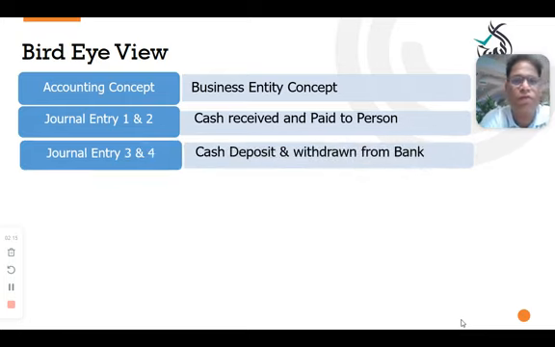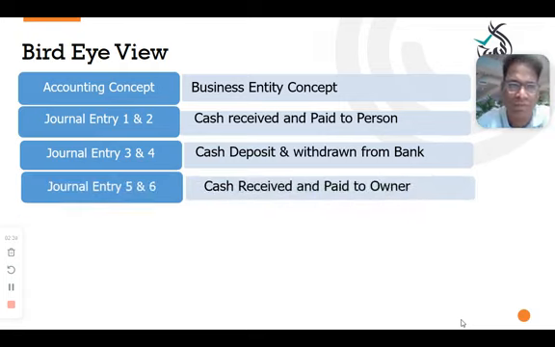General entry number 3 and 4, cash deposited and withdrawn from the bank. What is the treatment and the general entry, what is the concept if we deposited cash into the bank and cash withdrawn from the bank, what we discussed in the previous sessions.